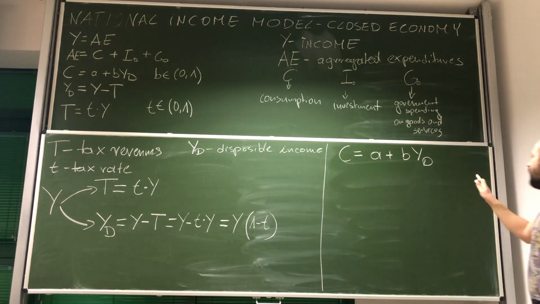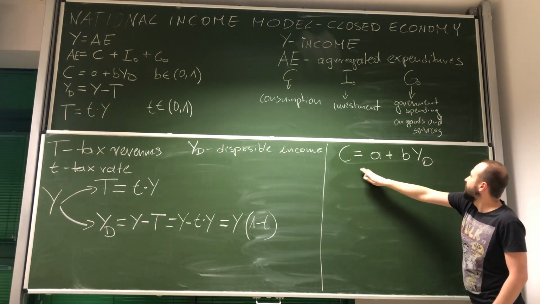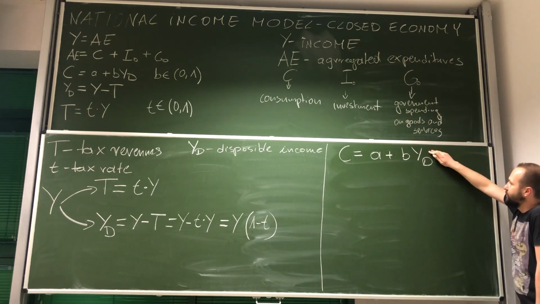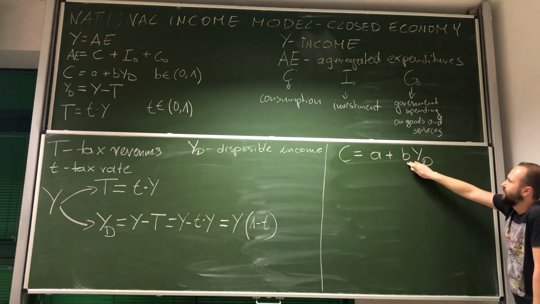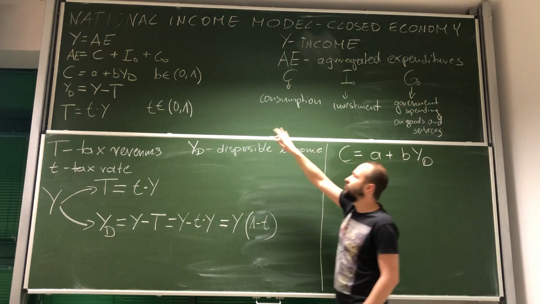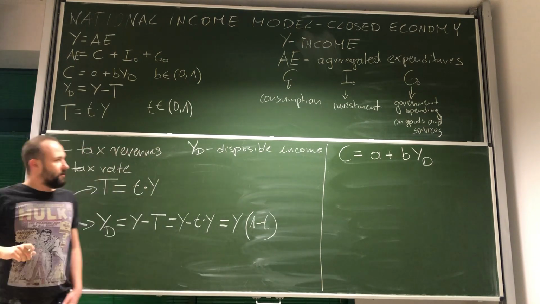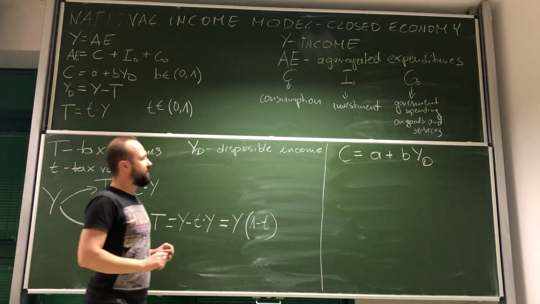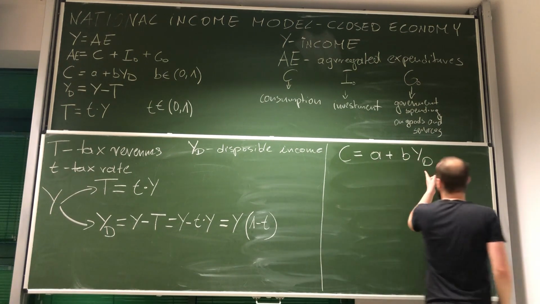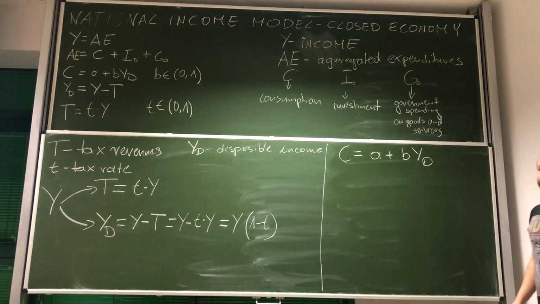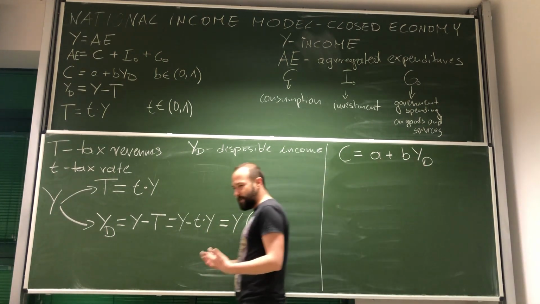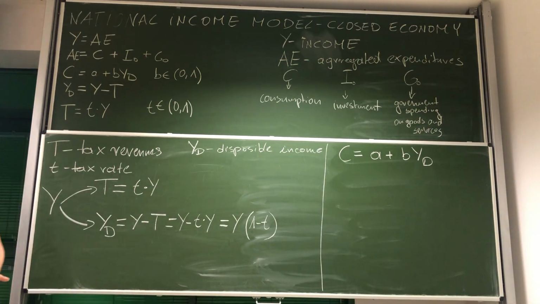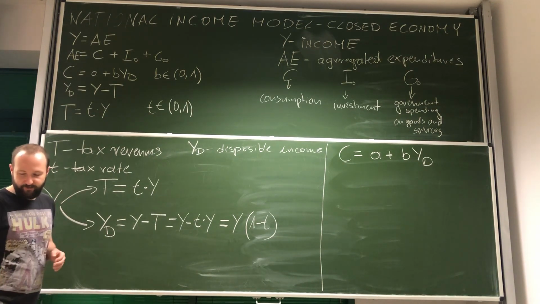So look, we know that consumption depends on the disposable income, right? So income after taxes times some B that should be between 0 and 1. Okay, what is this? We will explain in a second. Yeah, so look, definitely how much you're going to spend on consumption depends on how much money you've got. However, let's forget about it for a second.